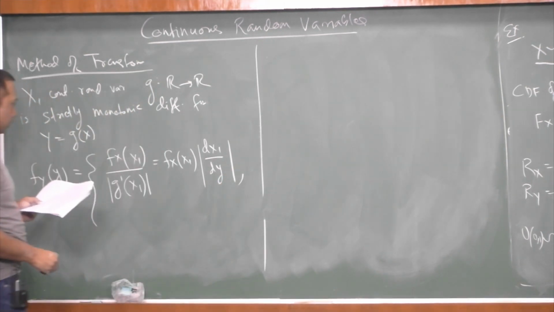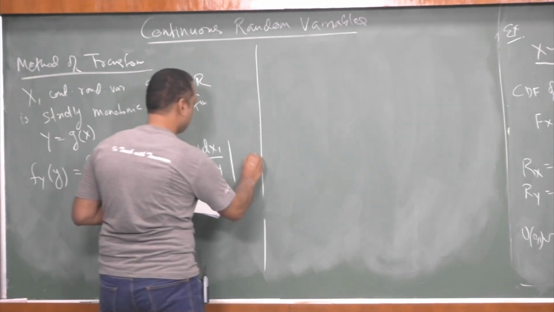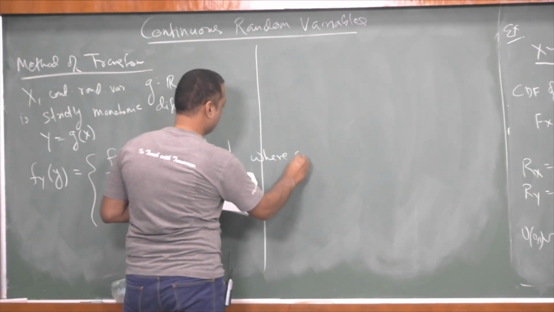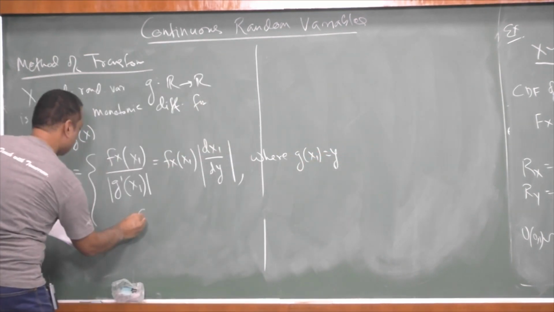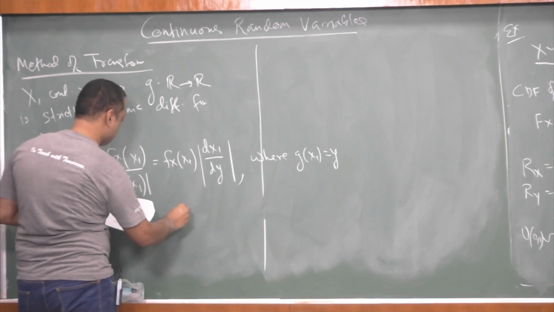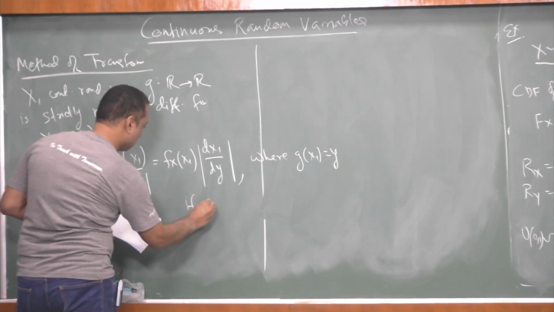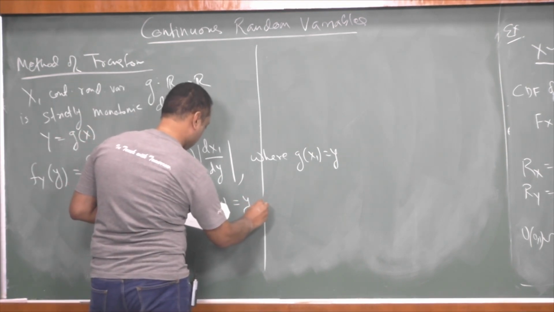Now I have to explain what is x1. Where g(x1) = y, and it is 0 otherwise, if g(x) = y has no solutions.